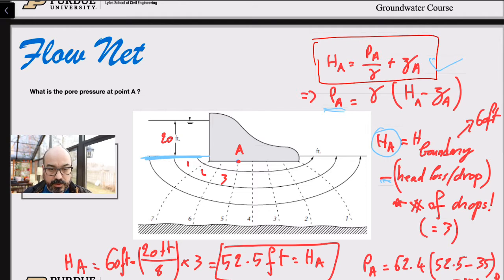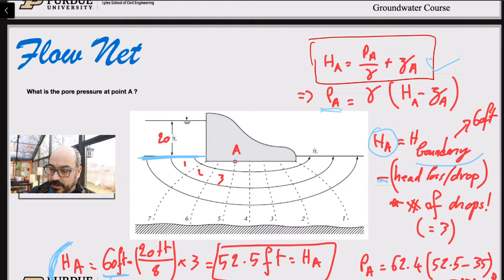So if we do this calculation, down here is the calculation, we have the head at A is 60 feet. Again, remember the boundary head here, that's 60 feet because I gave that before. This is 35 plus 5 feet, and then this is the 20 foot of pressure head.